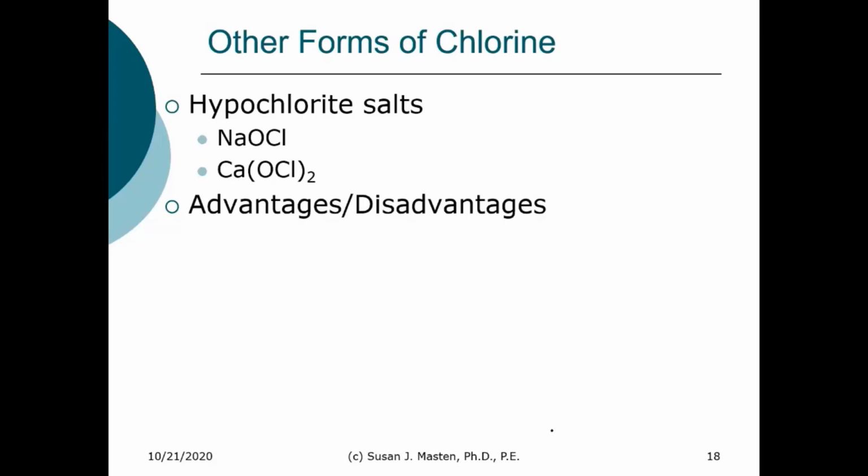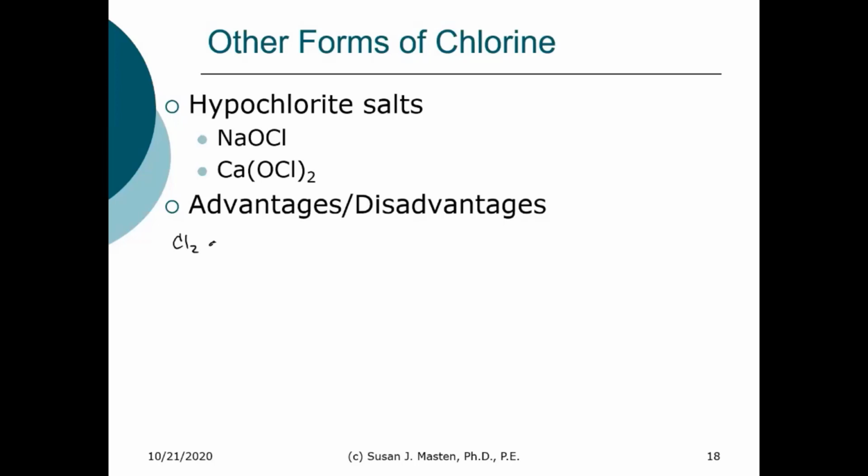So if you purchase bleach, what you're actually purchasing is sodium hypochlorite. Calcium hypochlorite is typically provided as a solid. So for instance, if you have a swimming pool and you purchase chlorine tablets, what you are typically purchasing is calcium hypochlorite. So, advantages and disadvantages of these different forms.